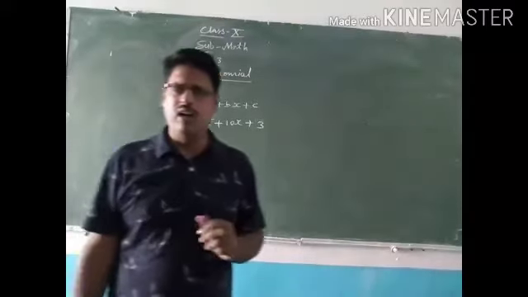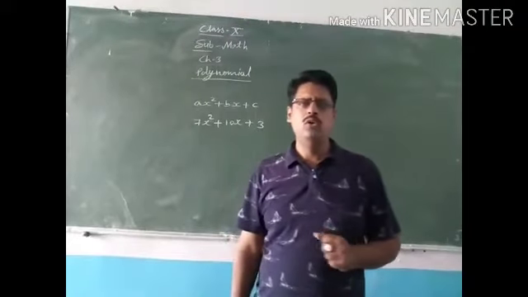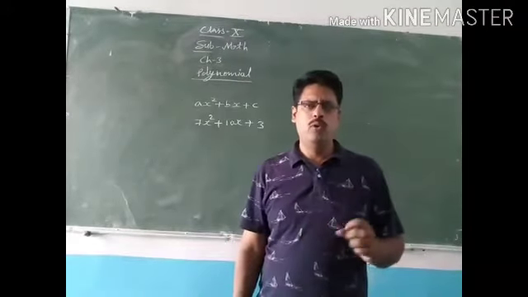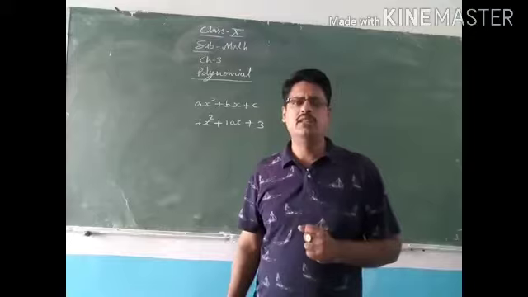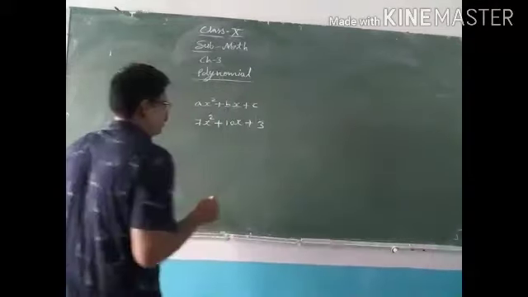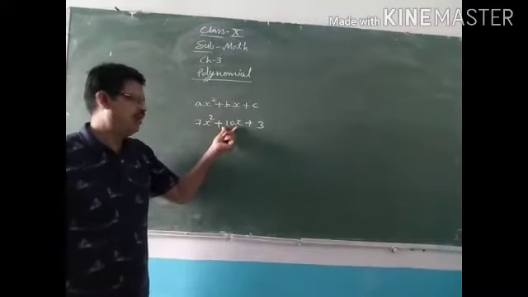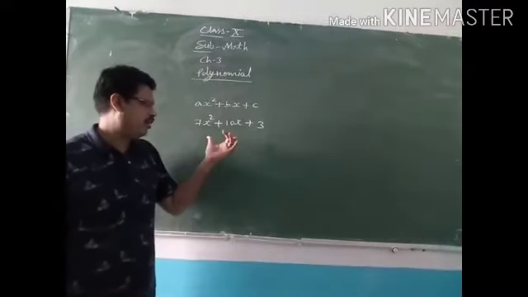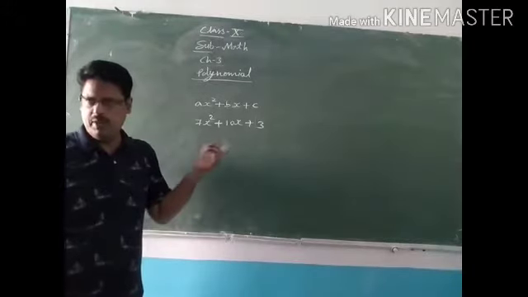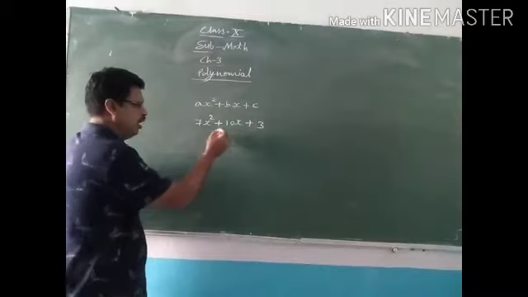So we have to find the zeros of this polynomial. For finding zeros, firstly we will have to find the factors of this polynomial. Okay, so how to find the factors? We have to split this middle term. So let's see how to do this.